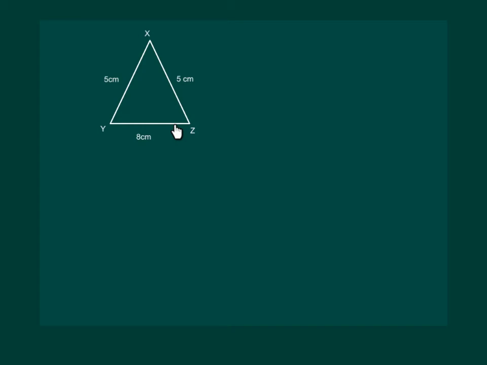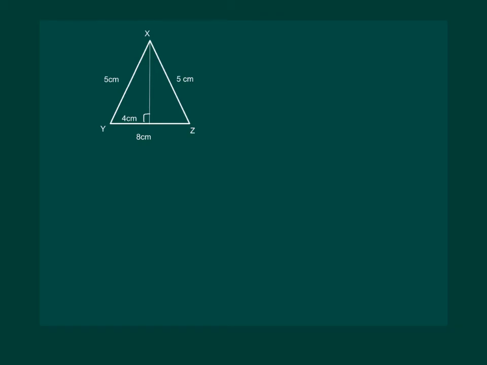Then let us draw a perpendicular on line YZ which passes through X. Then again for isosceles triangle, the perpendicular will bisect the other side.